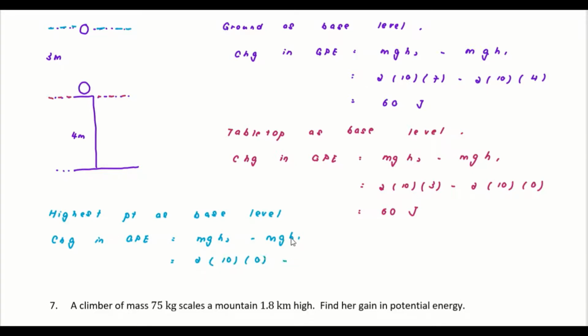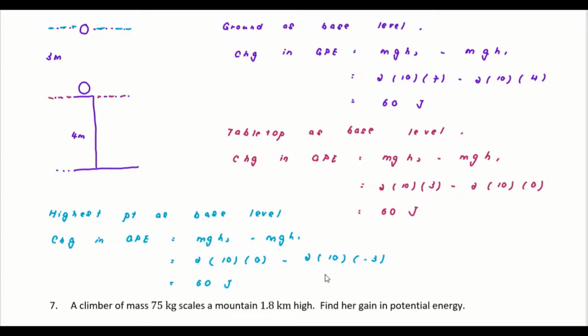Now the second part, it's going to be 2, 10. But what is the initial height? It's going to be lower than your base level, am I right? If it's lower than your base level, then it's going to give you a negative height. So in this case, it's negative 3. So what you realize here is 0 minus negative 60, and that gives you 60 joule as well.